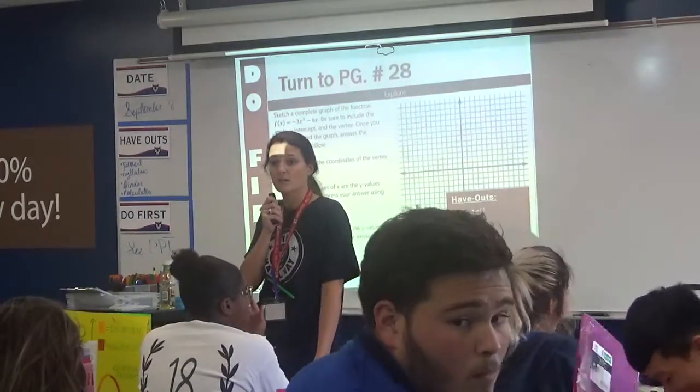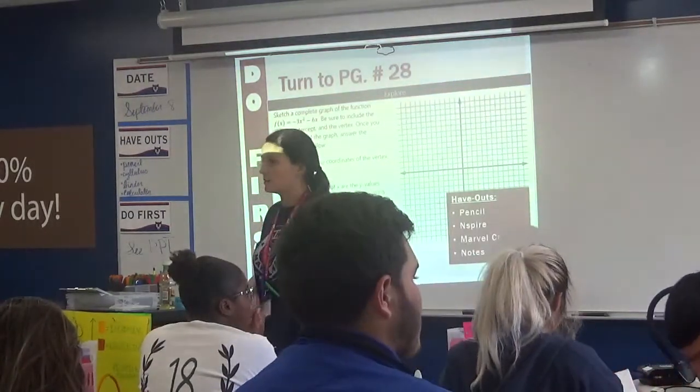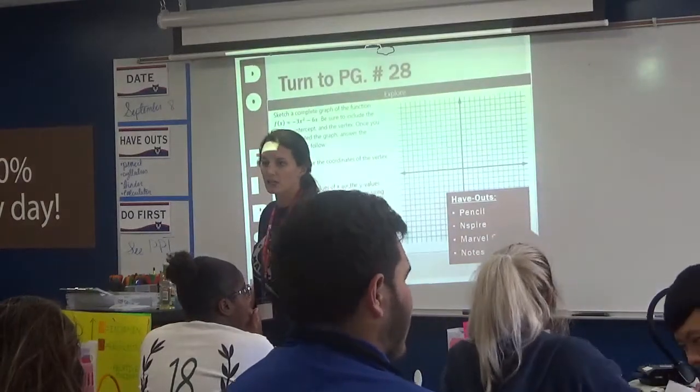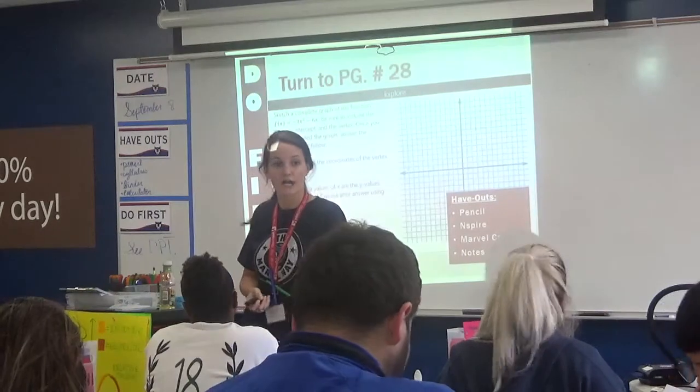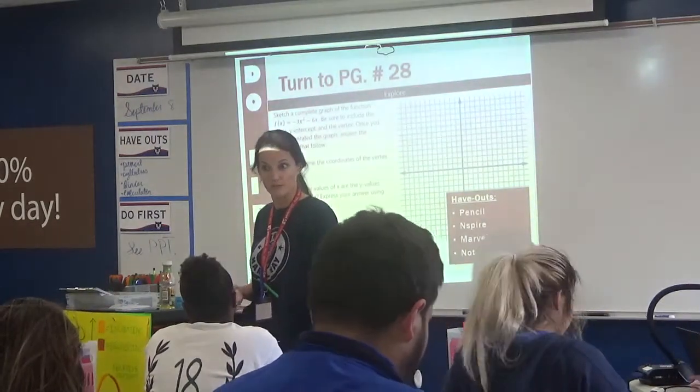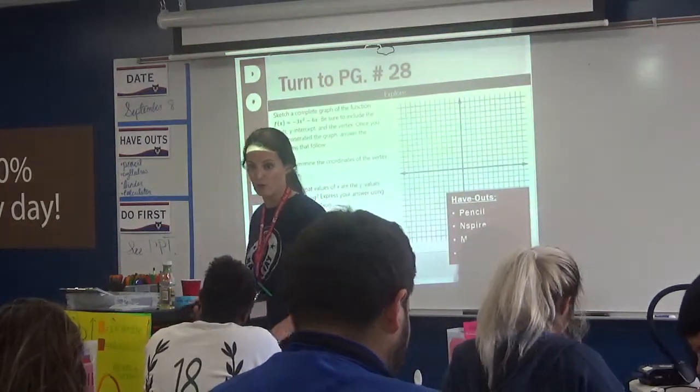Your task on page 28 down at the bottom is to take a look at graphing this quadratic, which is one of the only things we didn't really review yesterday during our review.